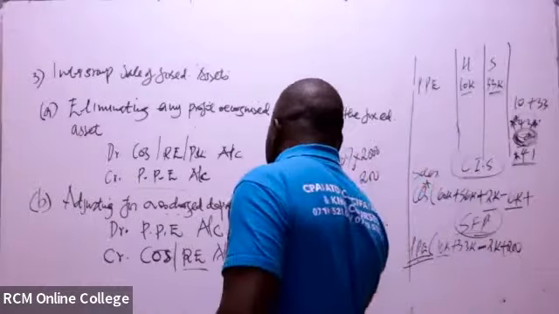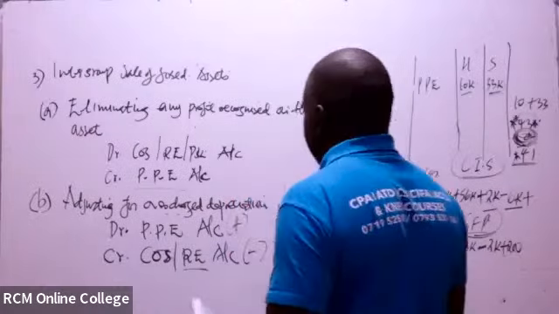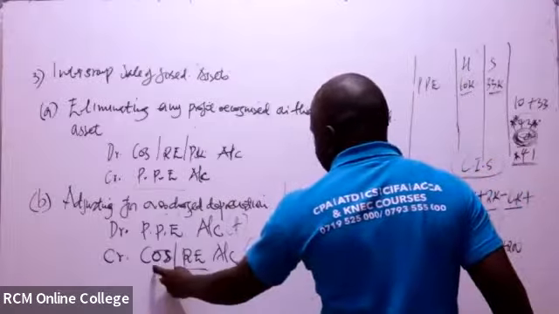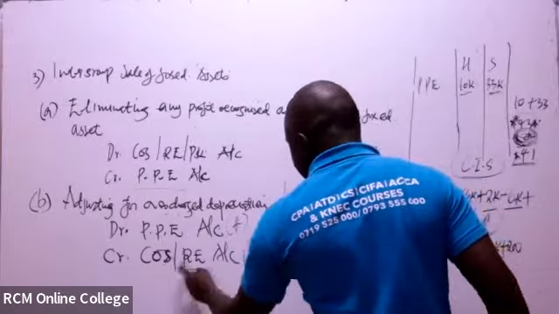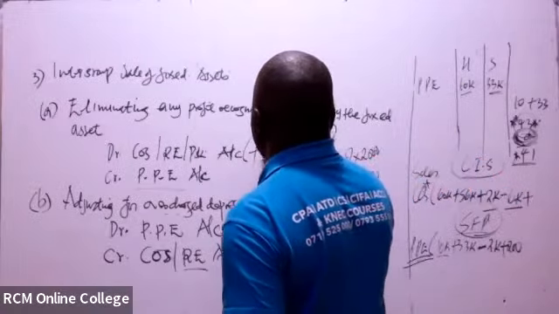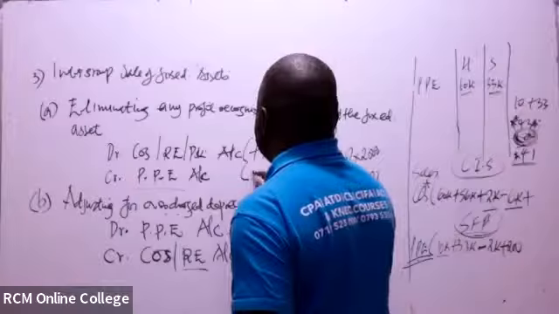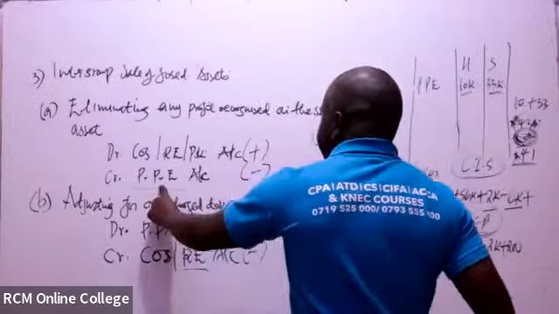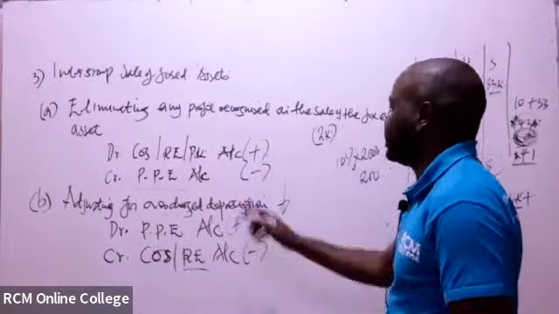This one will be minusing. When you credit the cost of sale account, which is an expense account, you are reducing it. This one means you are adding, you can put positive. This one means we are deducting from the property, plant, and equipment account.